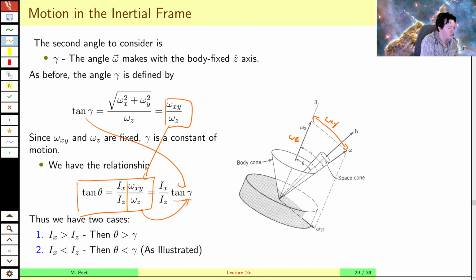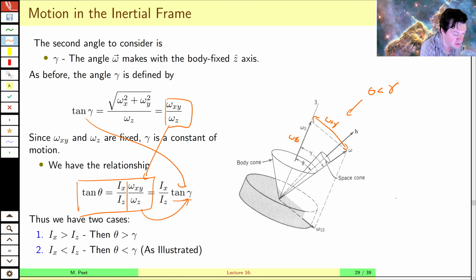So this is interesting. What it tells us is the relative magnitude of theta and gamma. It tells us if theta is going to be larger or smaller than gamma. And now in this picture, an oblate object, we have theta less than gamma.